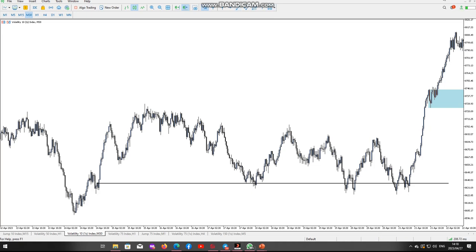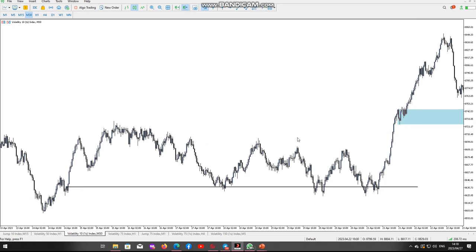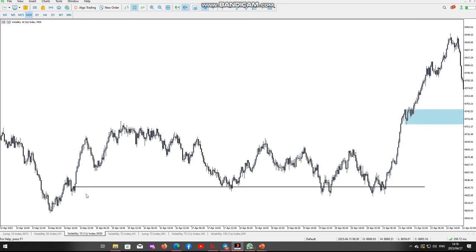So as I was saying, we first had one. Let me just try to be lenient on this one. So if you can check, guys, this is our red candle, right? Here, it's our red candle. And then the price ran with a bullish liquidity void, but it came back.